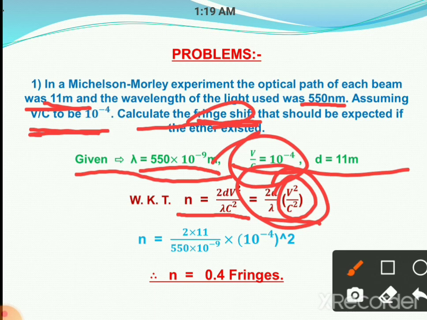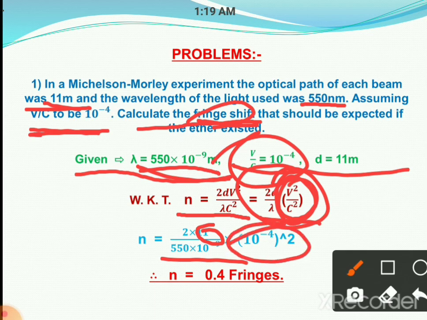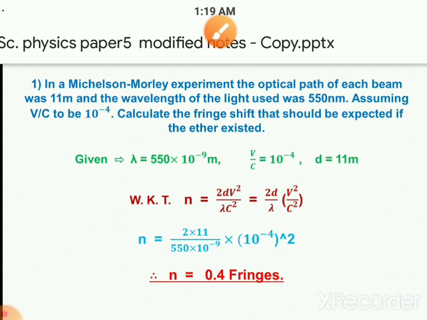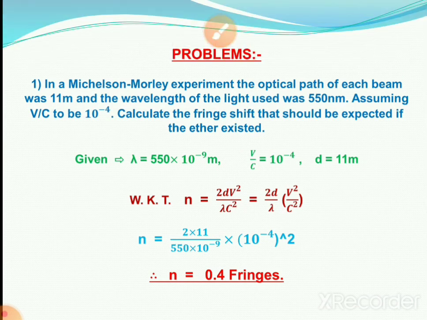Substitute for d: 2 into 11 divided by lambda, 550 into 10 to the power minus 9, and v by c is 10 to the power minus 4, squared. If we substitute and simplify, we get the value of fringe shift n equal to 0.4 fringes.